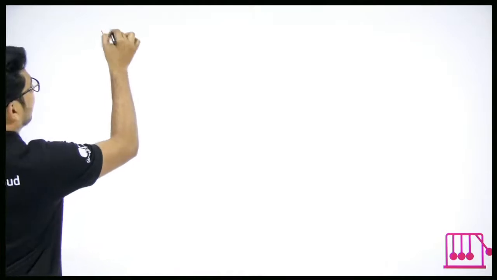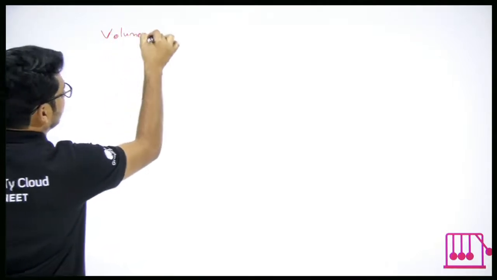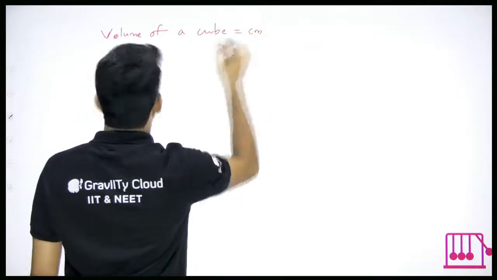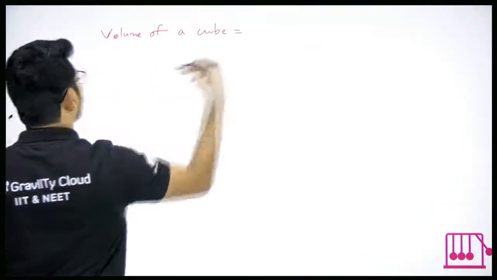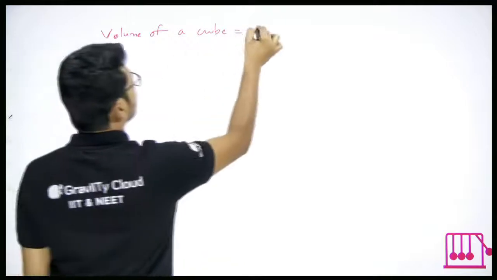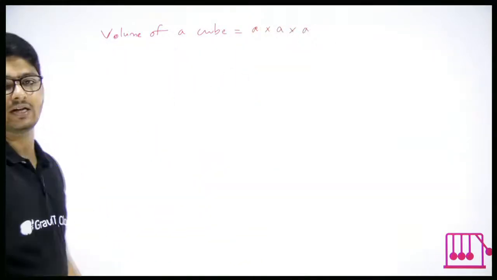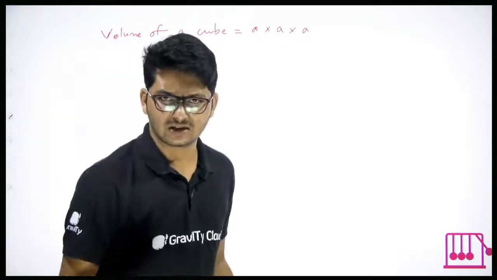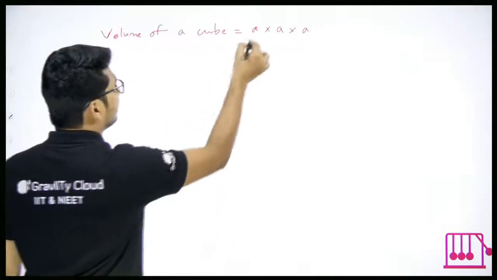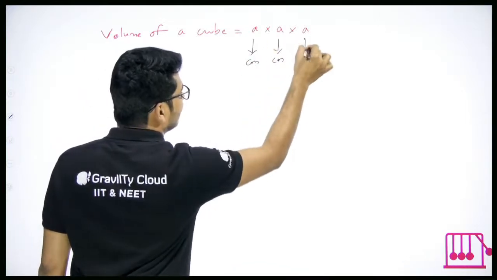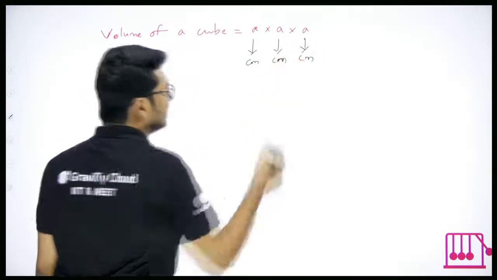First, again the formula: volume of a cube is equal to what? A cube, right? A into A into A. Now if I take A in terms of centimeters, not meters, not the SI unit, then for A, centimeter, for A, centimeter, for A, again centimeter.